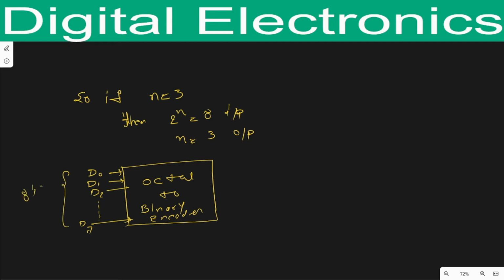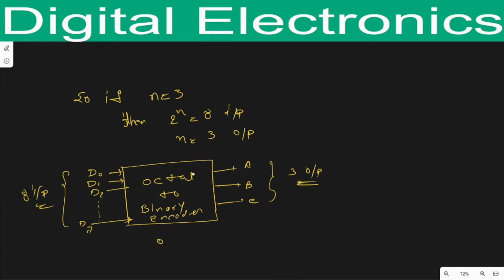Because of these 8 inputs, the total number of outputs, represented here as A, B, C, will be 3. That's why it is known as the octal to binary encoder. Why octal?